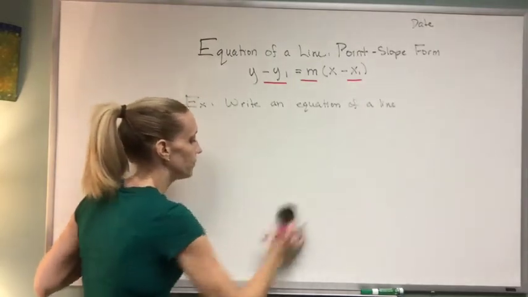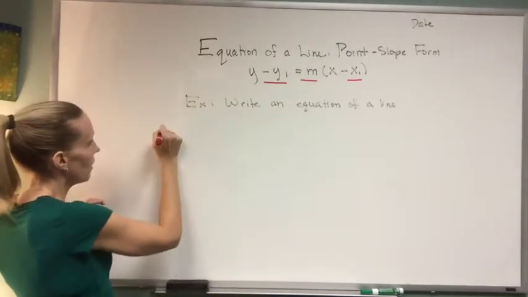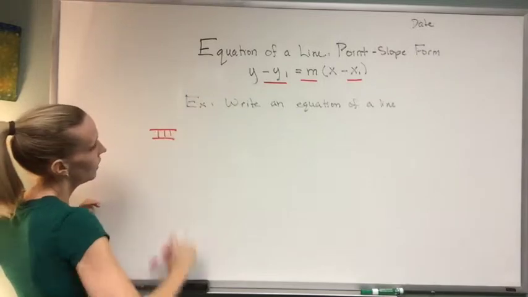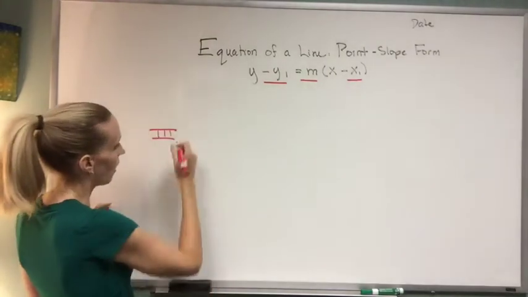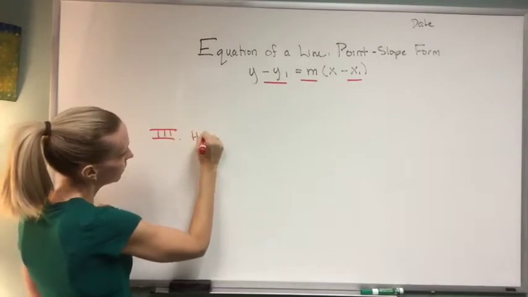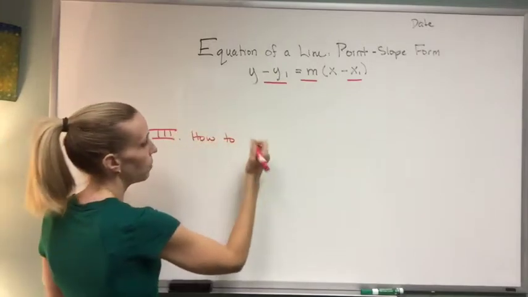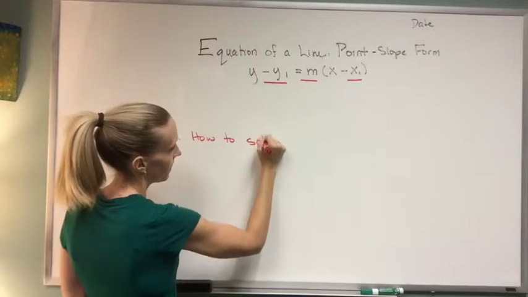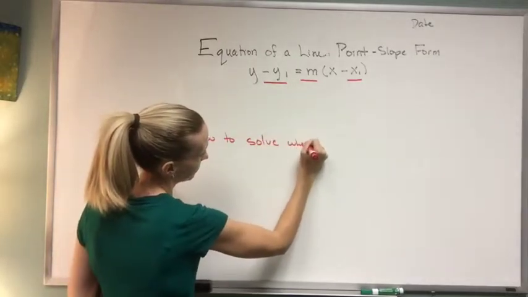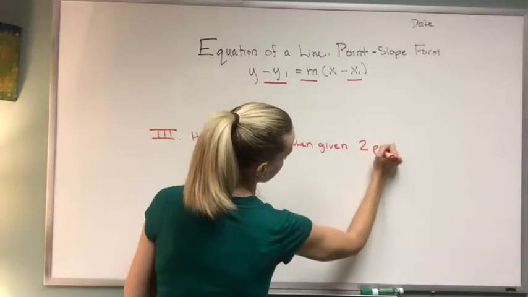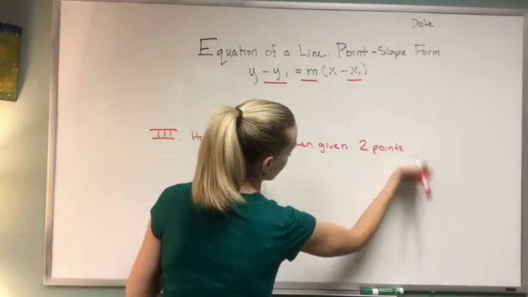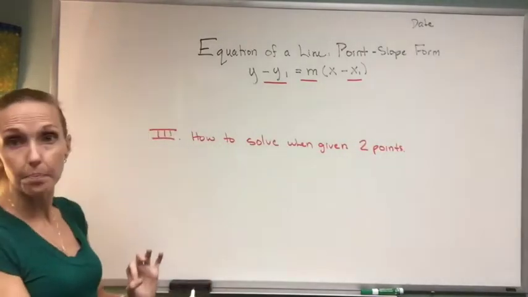Okay, so we want to know what happens, and let me get rid of this example, how to solve when you're given just 2 points. Well, you know how much I love steps.